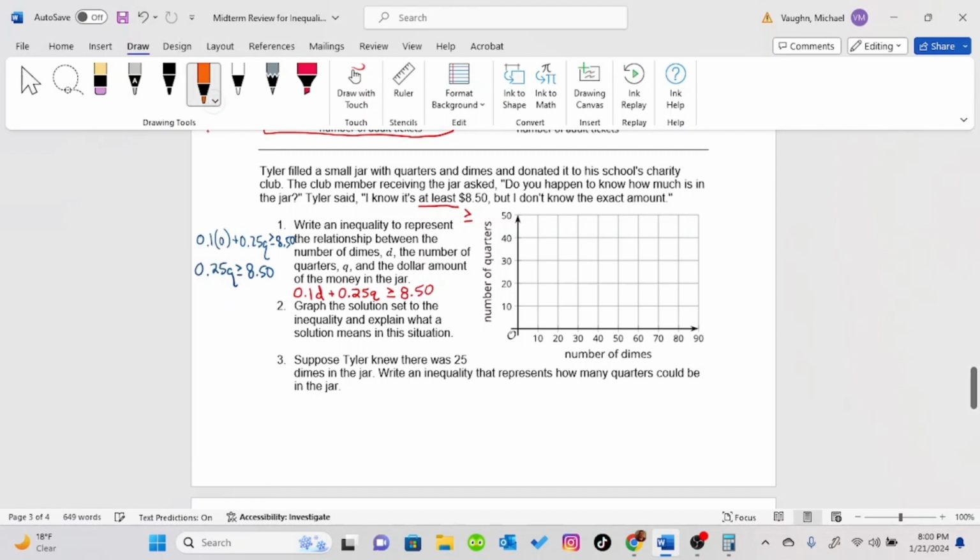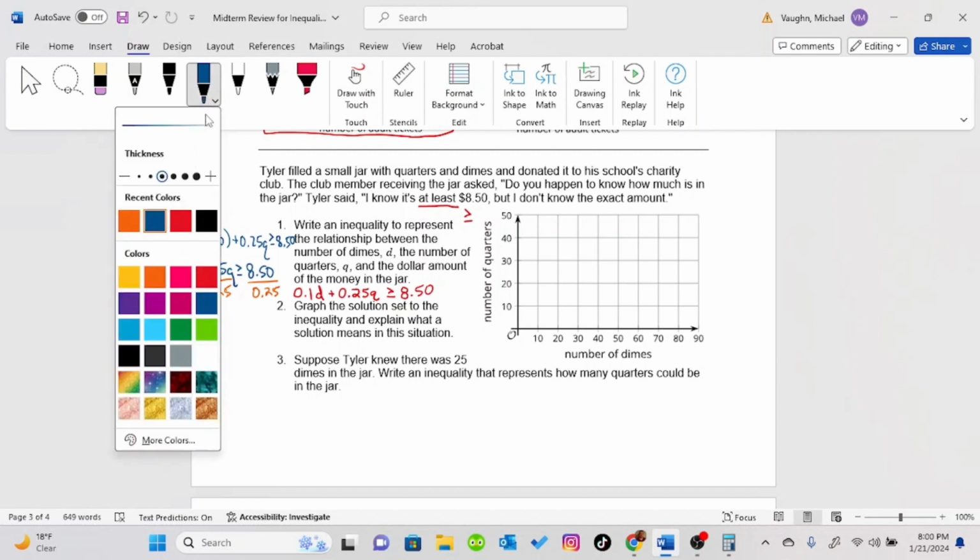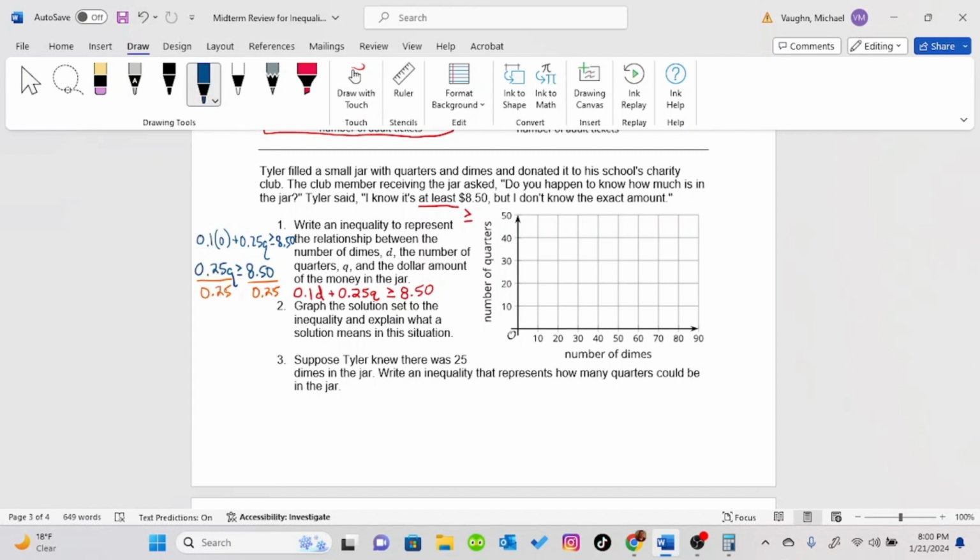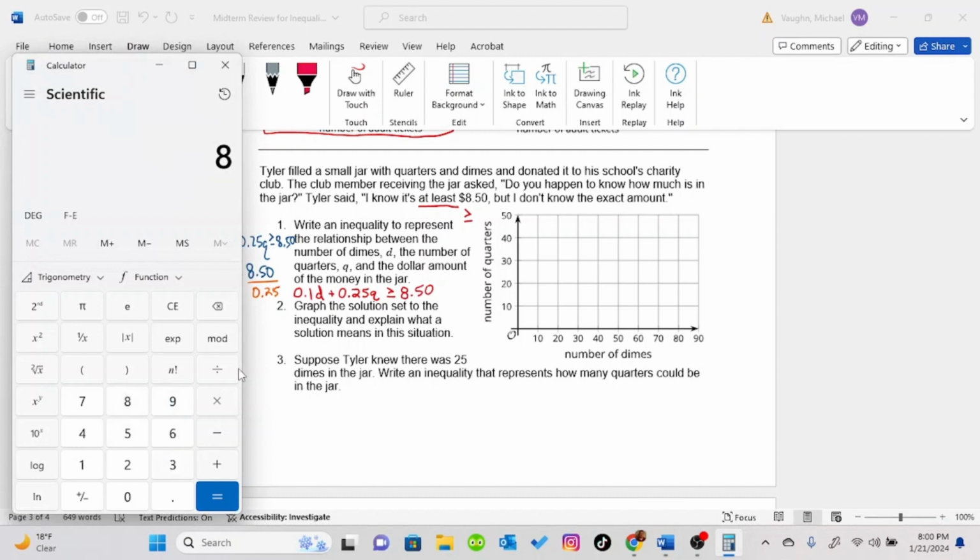The opposite of multiplication is division. So we divide both sides by 0.25. And we find out that Q must be greater than or equal to 8.5 divided by 0.25 is 34.